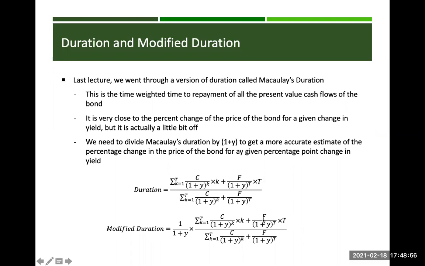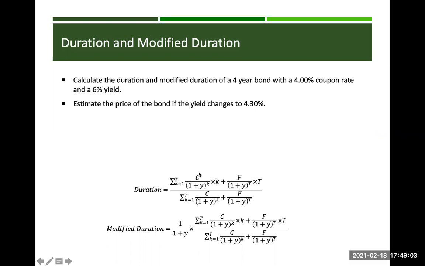So to apply modified duration, if you have a change in yield, calculate the modified duration for your bond. This is going through the calculation steps. I believe I did that last time. Is that correct?